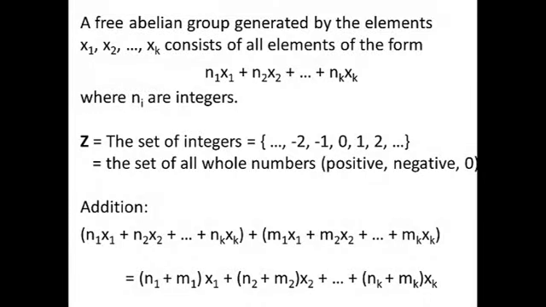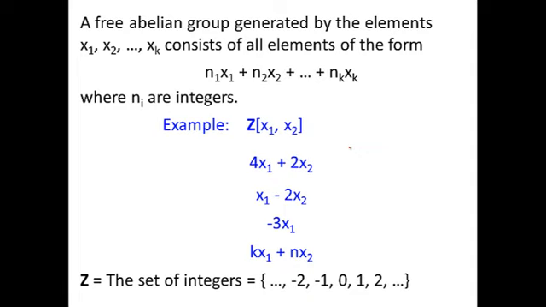A free abelian group consists of all linear combinations of generators x1 through xk where the coefficients are integers. An integer is just a whole number such as -2, 0, 7, 100, etc. Suppose we have 2 generators x1 and x2.